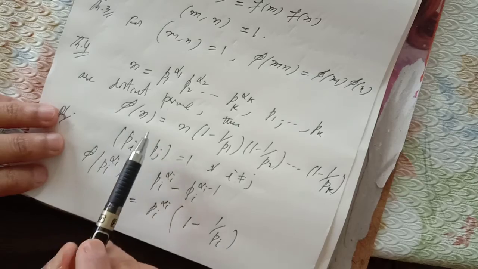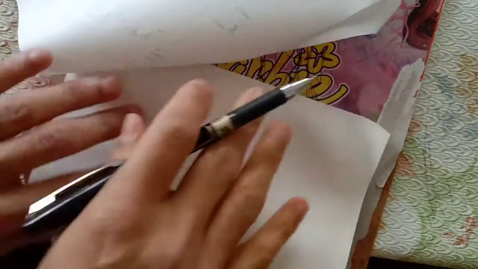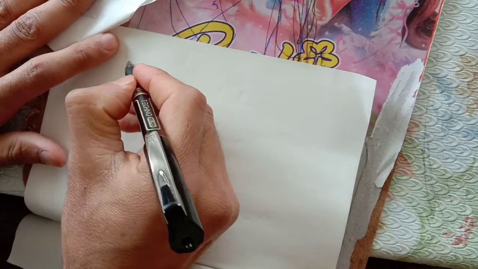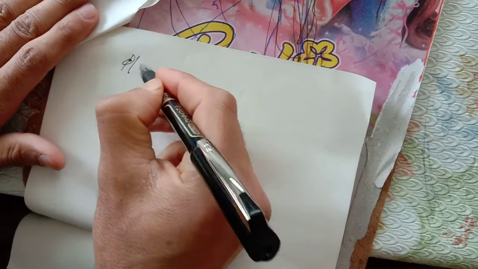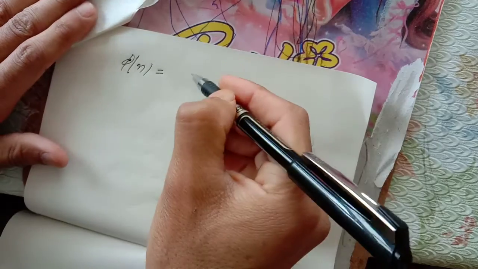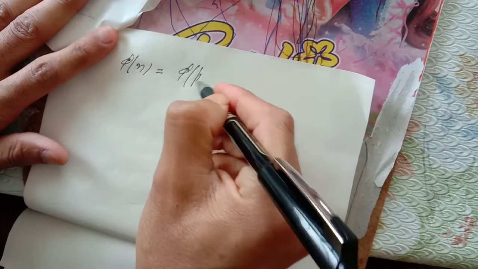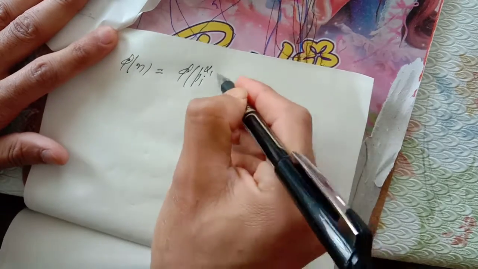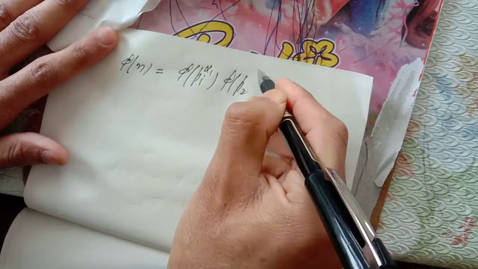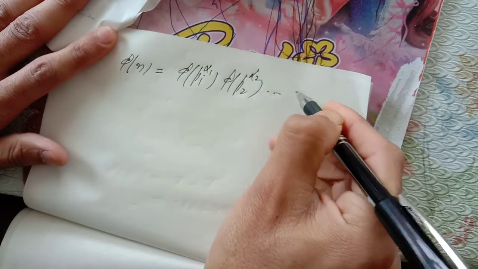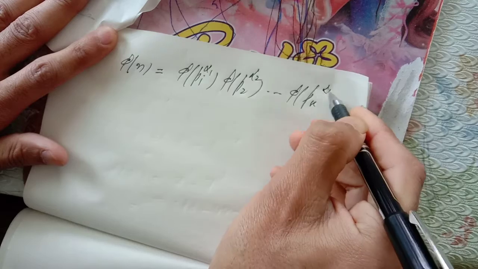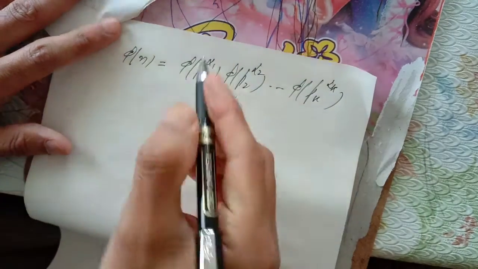So since phi is a multiplicative function, if we apply phi to n, we have phi of n equal to phi of p1 alpha 1, phi of p2 alpha 2, and so on, phi of pk alpha k.